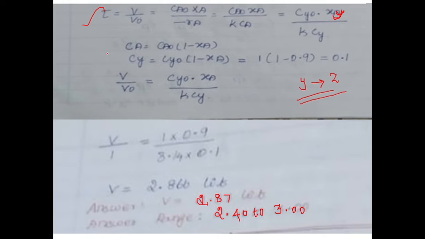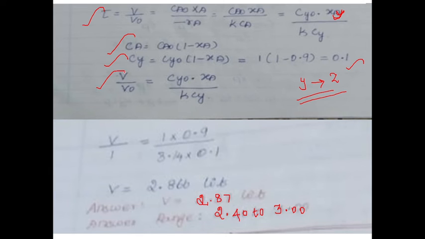So here what is the Ca value? Ca naught into 1 minus Xa. So this is a general equation. So what is the Cy? For our case, Cy is equal to Cy naught into 1 minus Xy. So here find out the Cy value. Cy naught is 1, into 1 minus Xa, which is 0.9. Finally we get the final concentration, that is 0.1. From this we are going to calculate the volume of the CSTR.